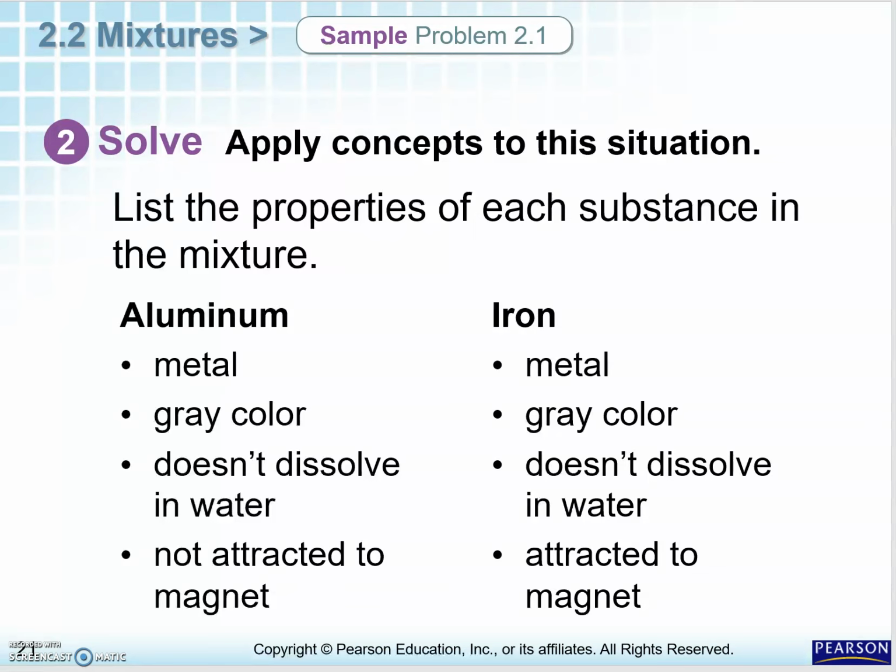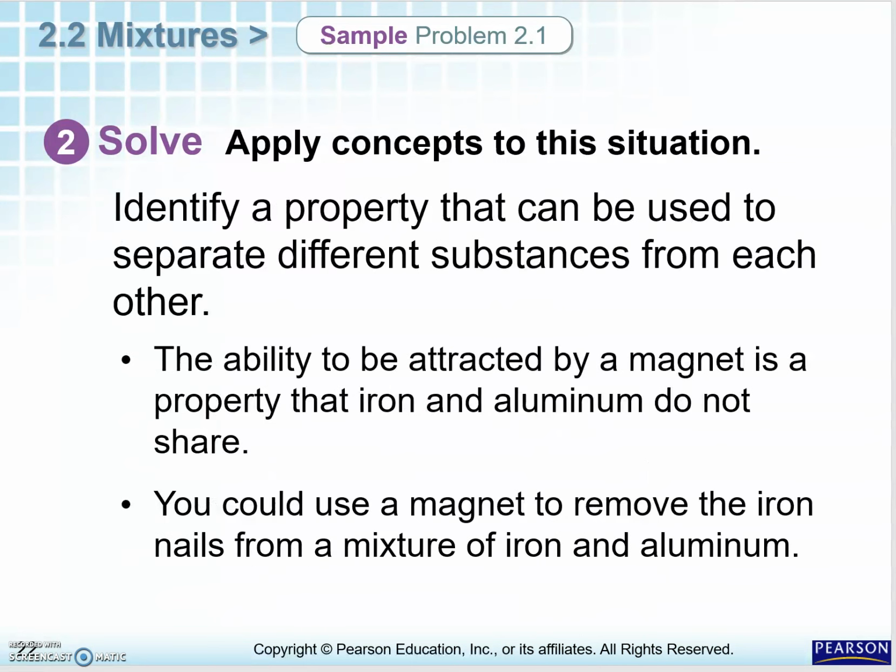However, there is one key difference. One big difference is that aluminum is not attracted to a magnet, whereas iron is. So if you were to go grab a magnet off of the refrigerator and hold it over your pile of nails, the iron nails would be attracted to it, whereas the aluminum nails would stay flat on the surface.